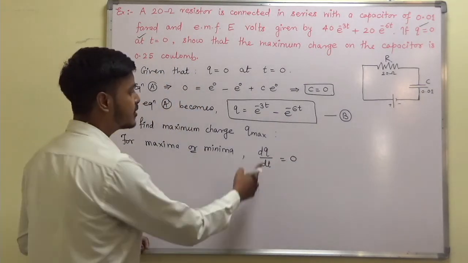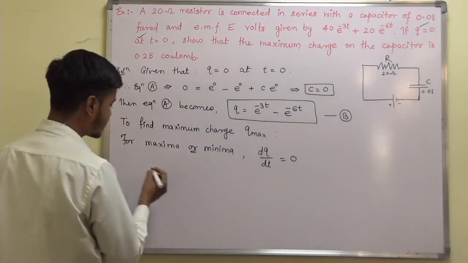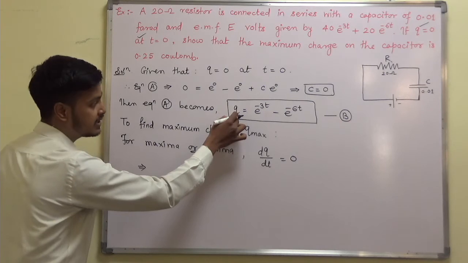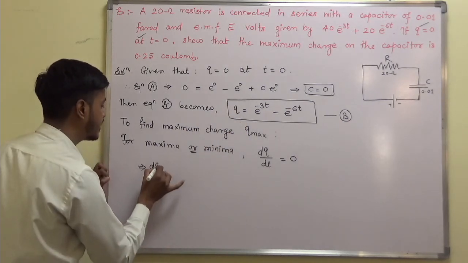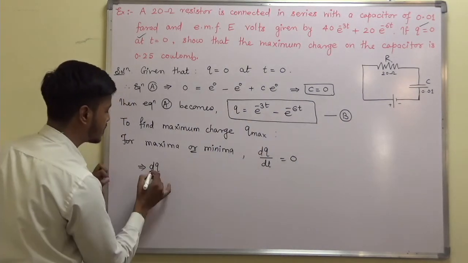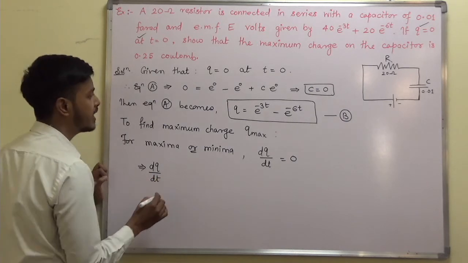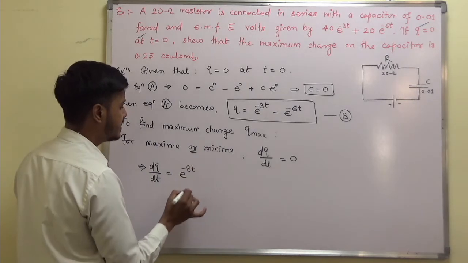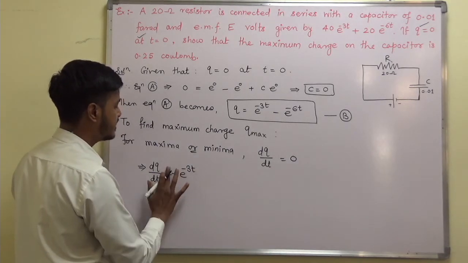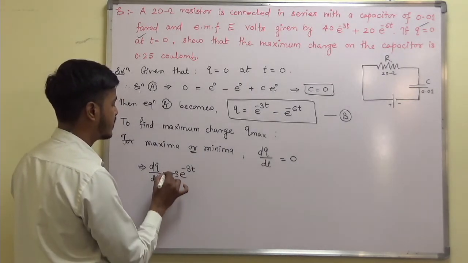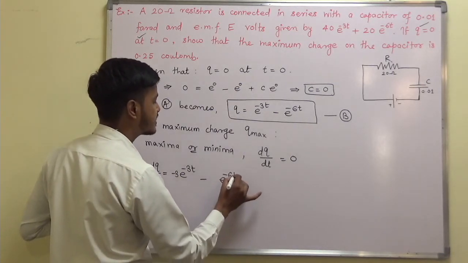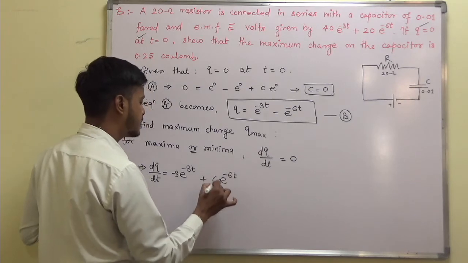Okay, so what is dq by dt? We have q, so find out its derivative. So what is q? q is this, so what is dq by dt? Differentiate this B with respect to t, so we get dq by dt is equal to e to the power minus 3t into minus 3, it's a derivative not integration, minus e to the power minus 6t into minus 6, so this becomes plus.